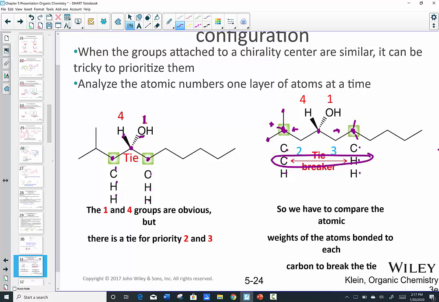So this carbon would become carbon 2 for priority, and this side would become carbon 3. So we're emphasizing when assigning priorities, keep going until you find a point of difference to determine the higher priority. And friends, remember, if you never find a point of difference, it was not a chiral carbon, because there must be 4 unique attachments to be considered chiral.